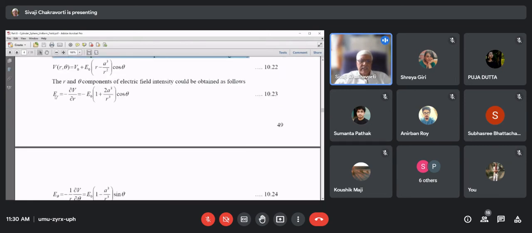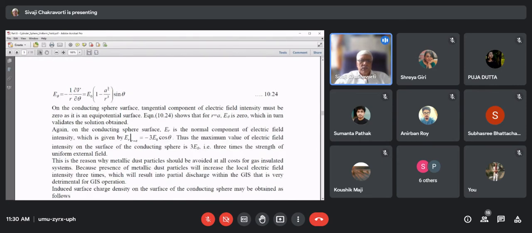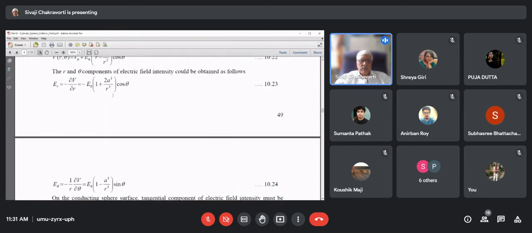And what is the normal component of field on the spherical surface? We put R is equal to A in equation 10.23. Then you get that it becomes 3 E0 cos theta, and the maximum value of this is 3 times the E0. Now this is very, very significant. Why?